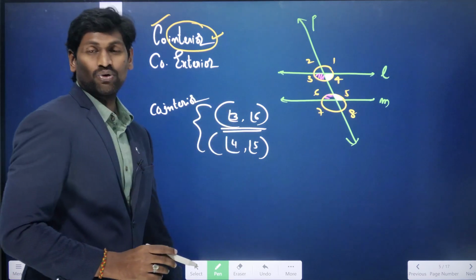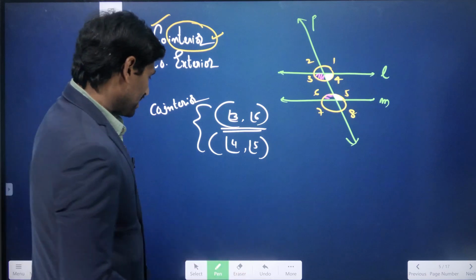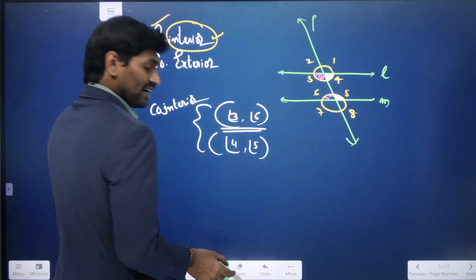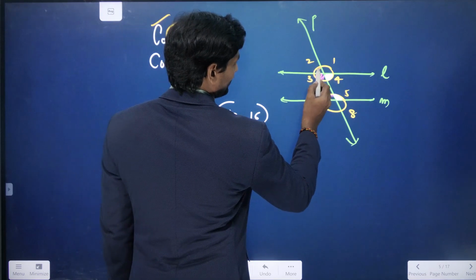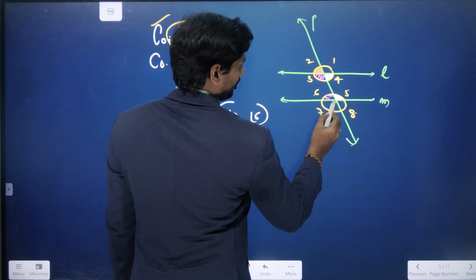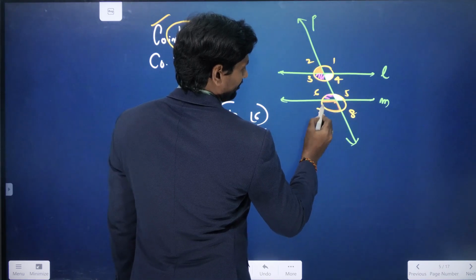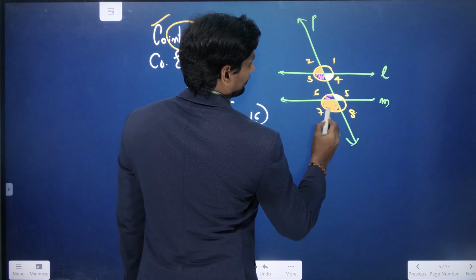Now, can you say which are co-exterior angles from the same condition? Yes, they must be on the same side of the transversal. Exterior angles here, 2 and 7, are co-exterior. Yeah, 2 and 7 are on the same side of the transversal and both are in the exterior part.